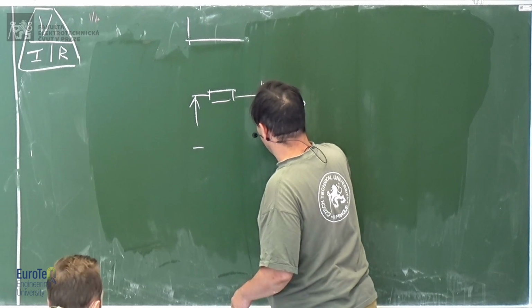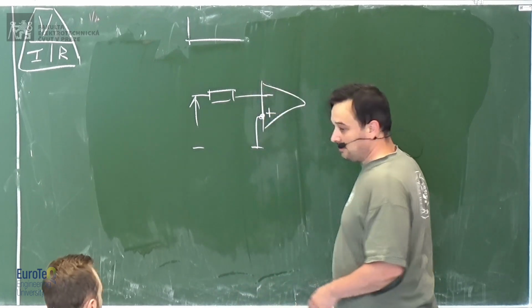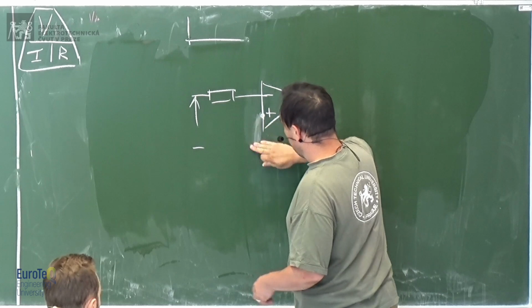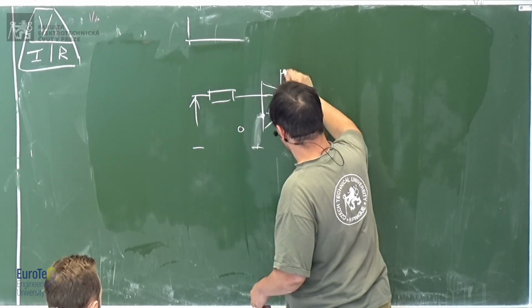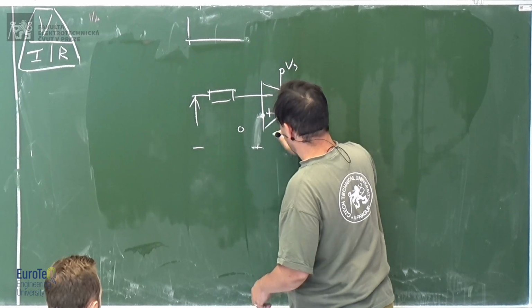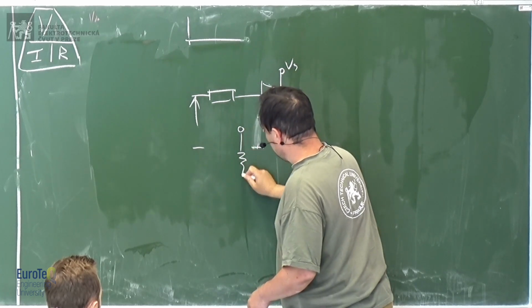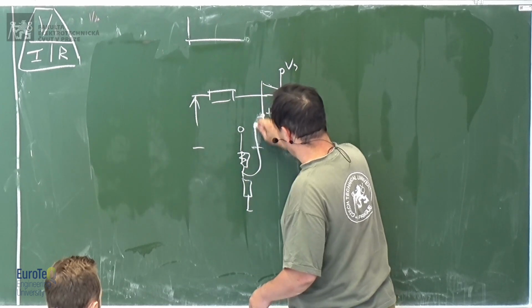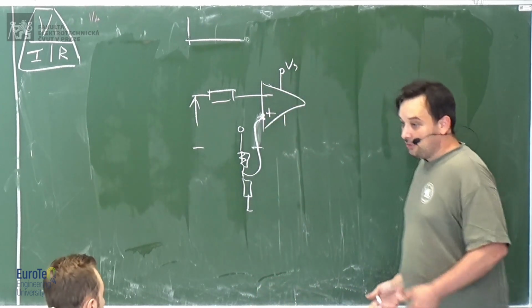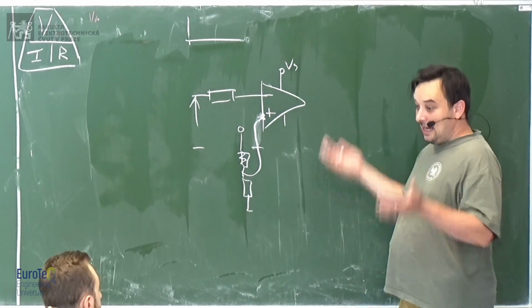And instead of putting this point to ground, you can change its reference. If this is Vs, you can move this point with the voltage divider to another potential. So you shift the signal up.